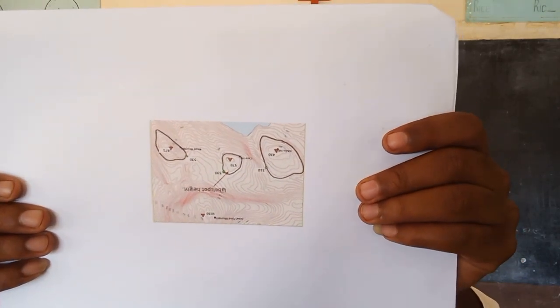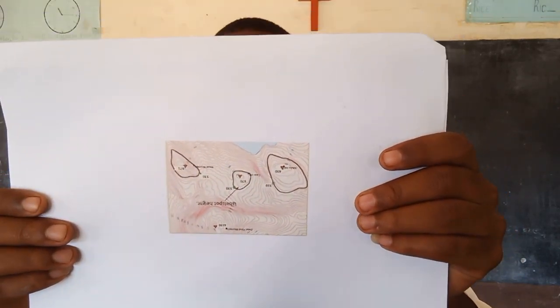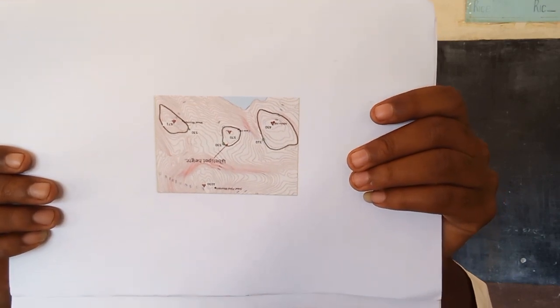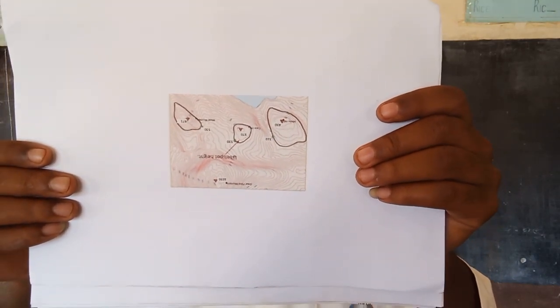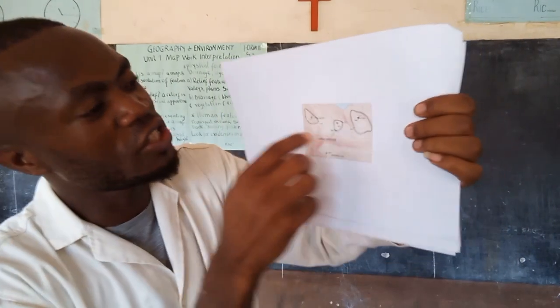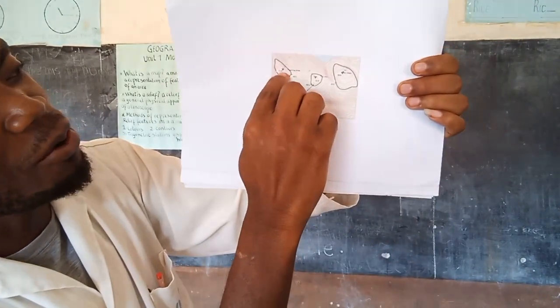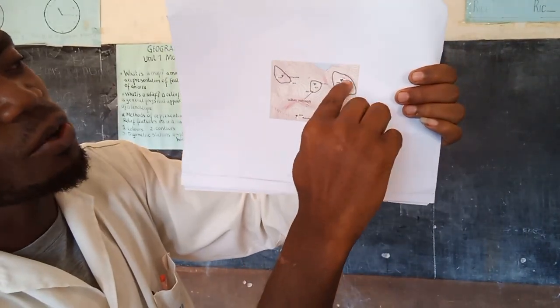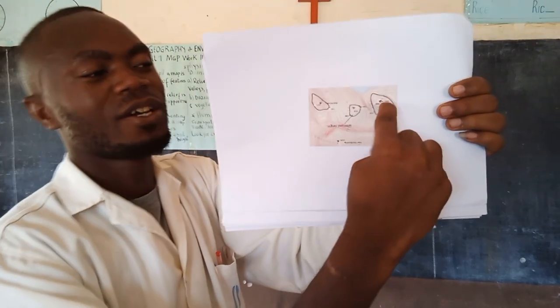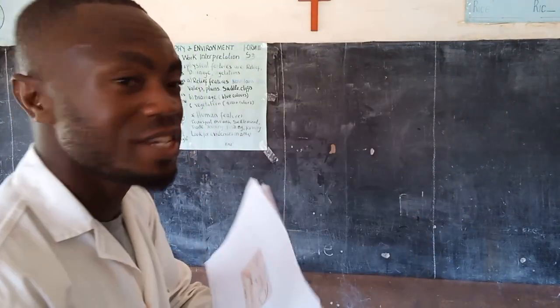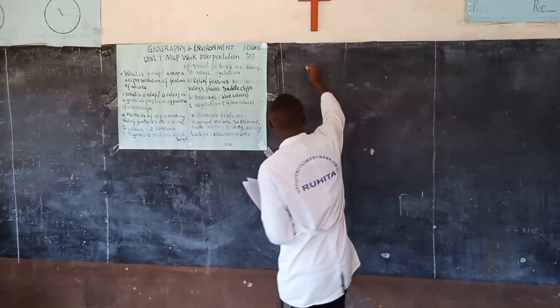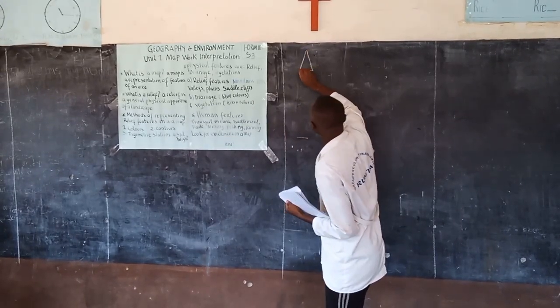From this contour line, are you facing the trigonometric stations? Trigonometric stations, those are those angles. Those angles are secondary. You will see here, this is primary.